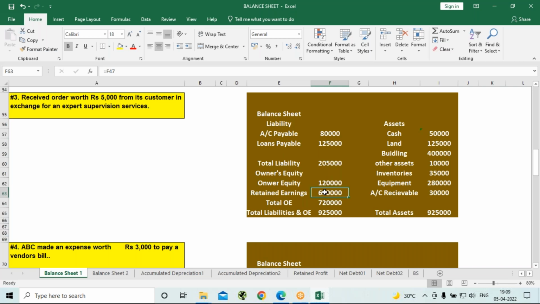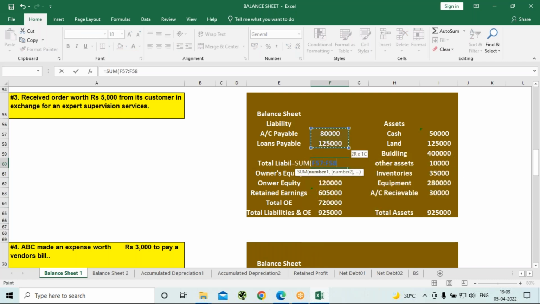Retained earnings is nothing but the profit. So we are going to add that value as 5,000. Okay. So let me put the calculation.